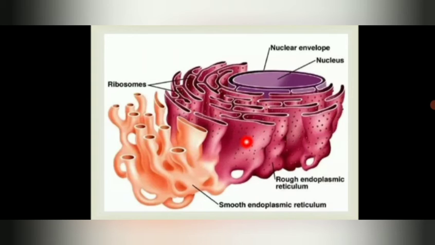Here you can see some small particles which are called ribosomes, and these ribosomes are the sites for protein synthesis. Here the protein synthesis takes place. And fat and lipids are manufactured in smooth endoplasmic reticulum.